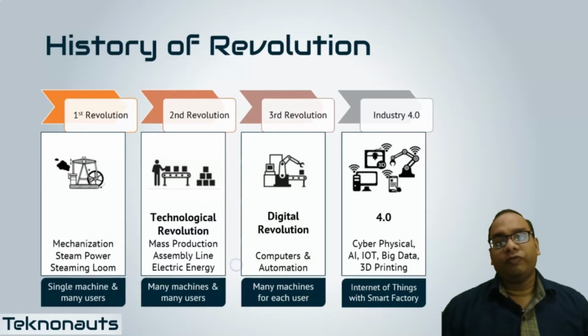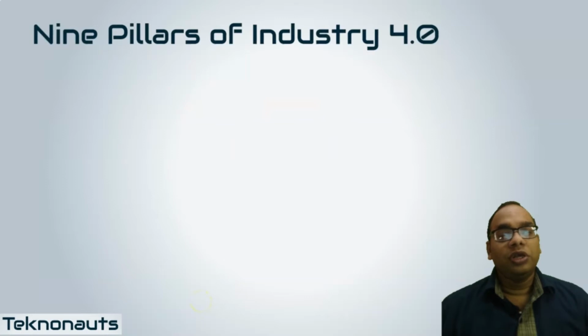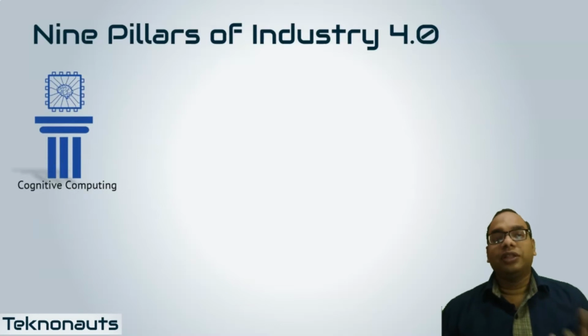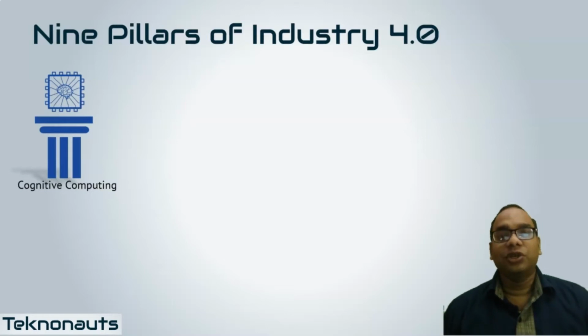The first pillar of the Industrial 4.0 revolution is cognitive computing. The goal of cognitive computing is to simulate the human thought process in a computerized model using self-learning that uses data mining, pattern recognition, and natural language processing. So the computer can mimic the way the human brain works. This is a very interesting field to work on, and it is one of the key aspects of the Industry 4.0 revolution.